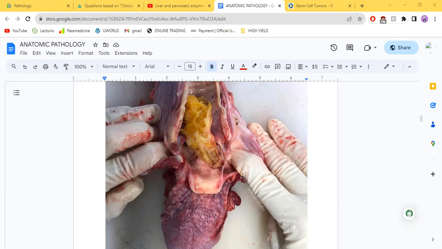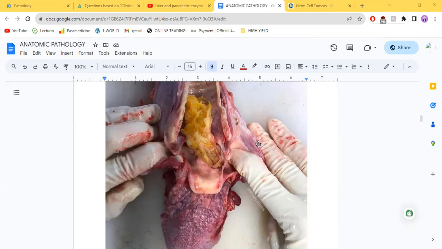They will die. Due to what? What will cause them to die? Asphyxia, right? So what will be the cause of death? Yes, asphyxiation. So this person was asphyxiated or was choked to death. That is what we call asphyxiation.